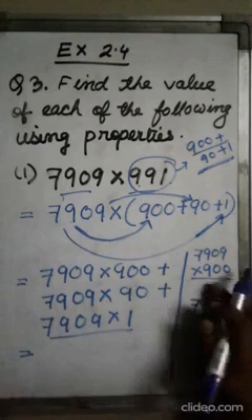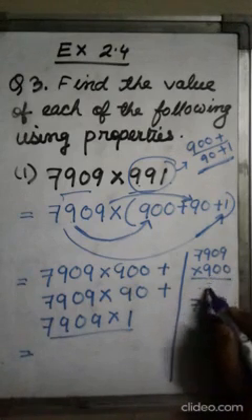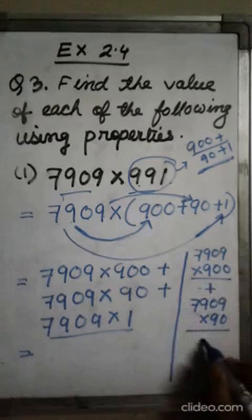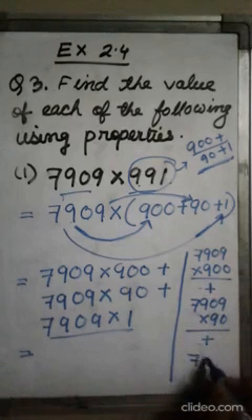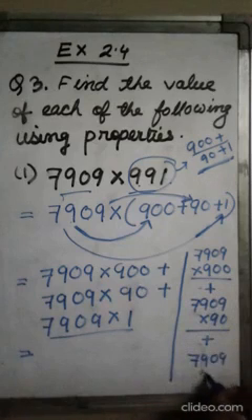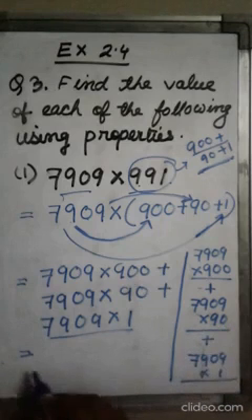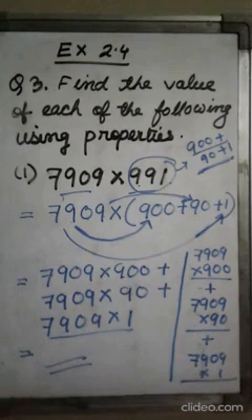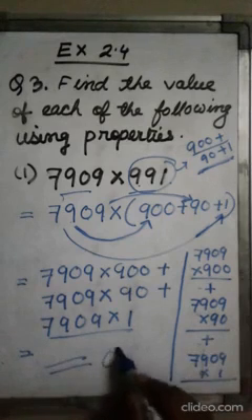Then add the values, whatever result you get, add this with this plus 7909 into 1. You have to add all the 3 numbers and you will get the answer. This is classwork for you. You'll do this.